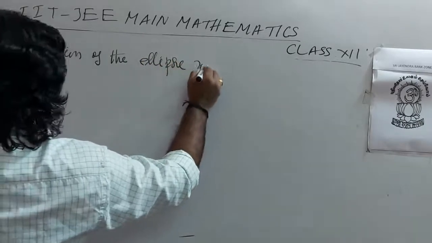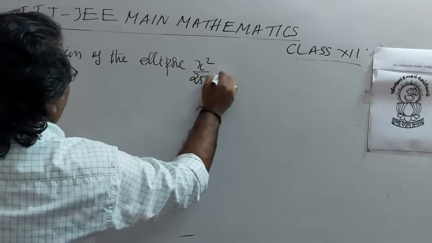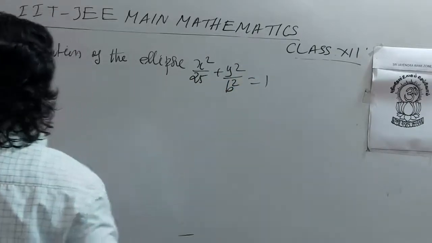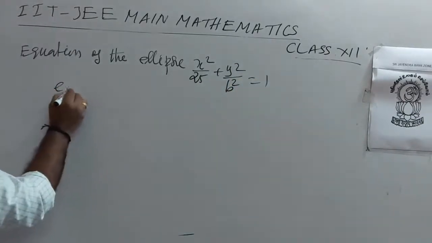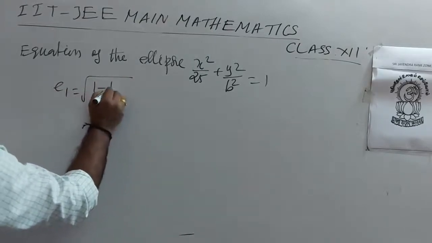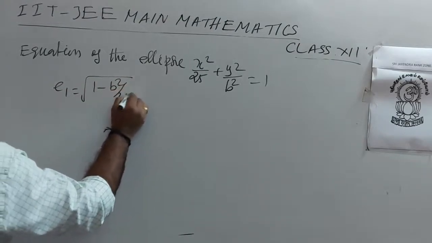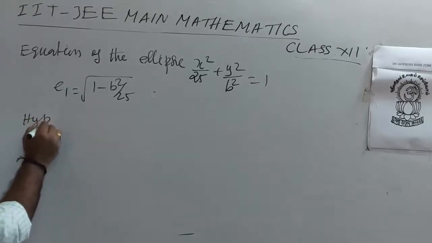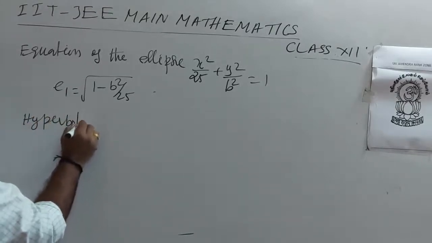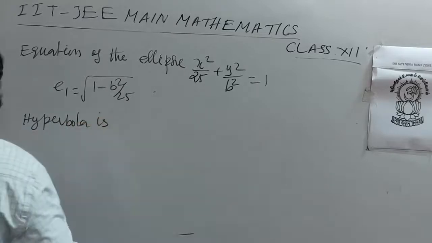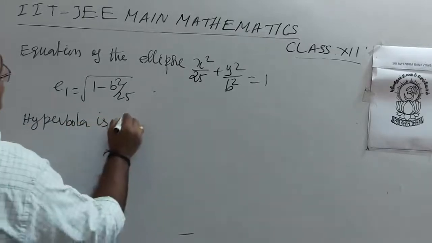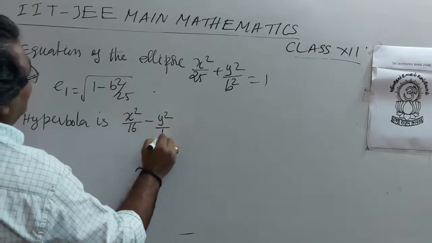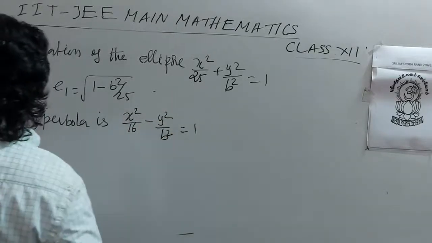Equation of the ellipse x square by 25 plus y square by b square equal to 1. The eccentricity e1 equal to root of 1 minus b square by 25. Hyperbola is x square by 16 minus y square by b square equal to 1.